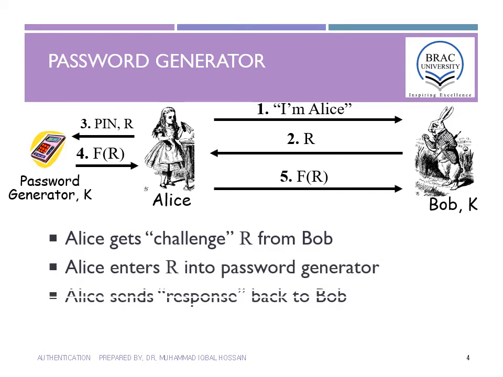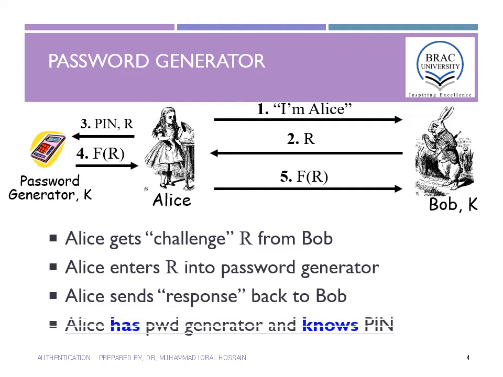Then Alice does these things with the password generator and sends the result to Bob. So when Bob compares these two and gets a positive result, that means Alice has the password generator and knows the PIN. In this way you can think about a smart card. The same thing happens here.